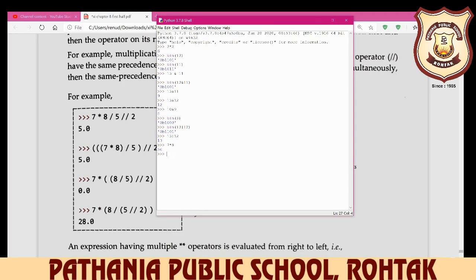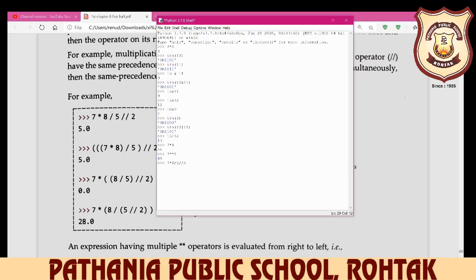But when you write 7 double multiply 2, its answer is 49, because it's exponentiation, power. Okay, one more to see the operator precedence: 7 multiply 8 divided by 5 and divided by 2. So how is it solved?